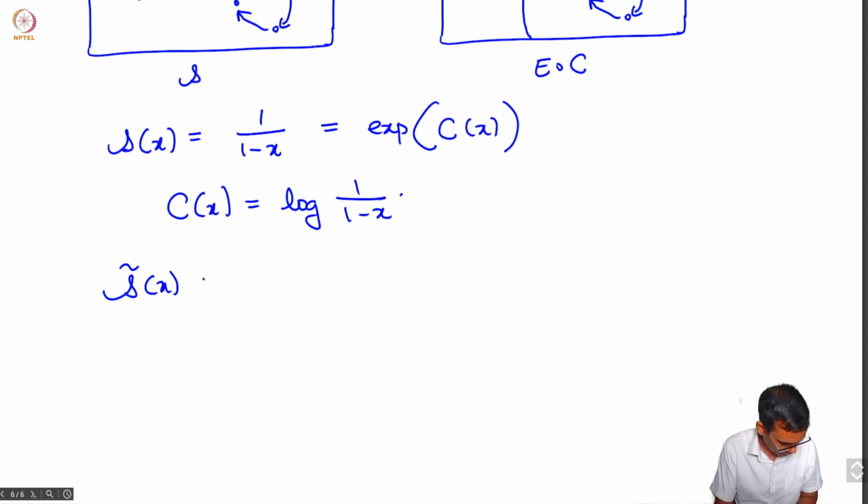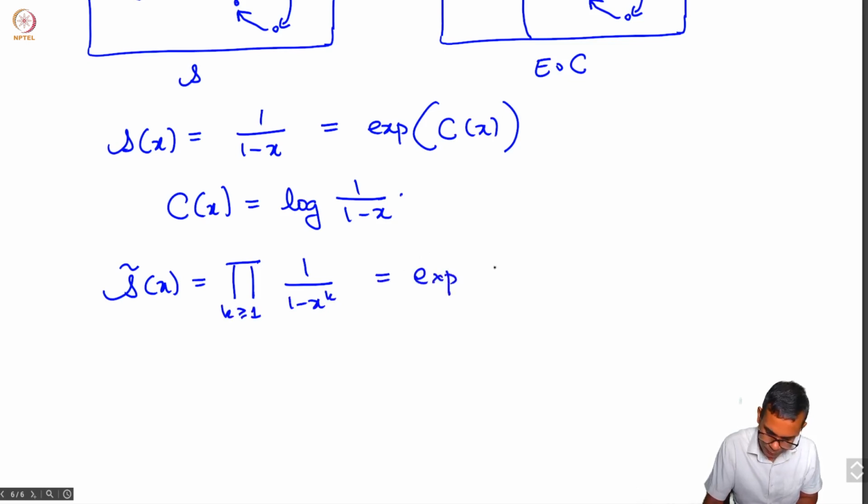S tilde x is, well, we know this, it's the product of 1 over 1 minus x to the power k, k greater than or equal to 1, and that's going to be exp of the summation k greater than or equal to 1 of C tilde x to the power k by k.